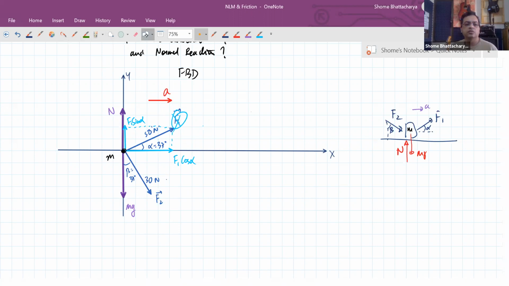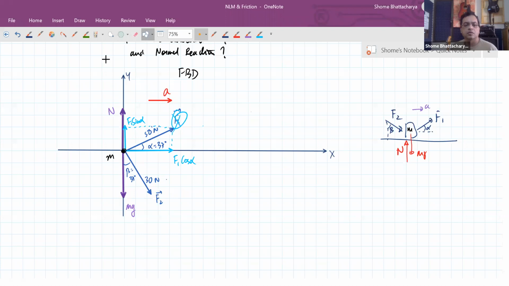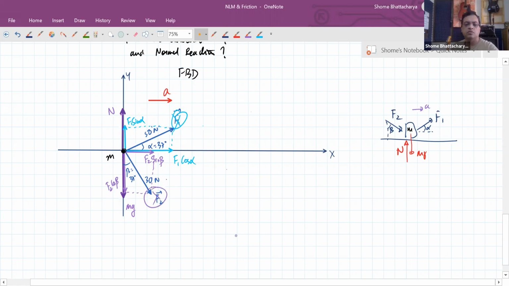Similarly, we will resolve F2 into components. Okay, so this is F2 sine beta, and this is F2 cos beta. So we have resolved F2 also.